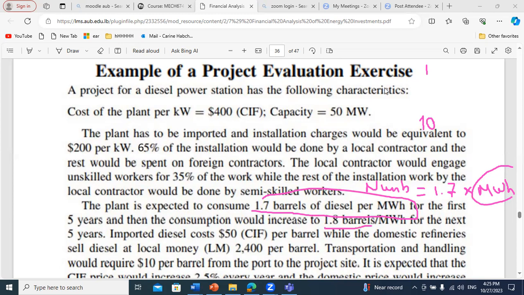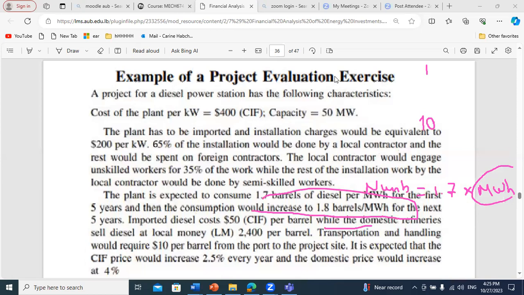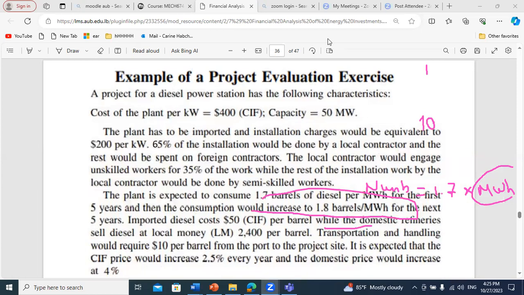Since we know the capacity, we need to know just the number of operational hours. So we should multiply the capacity of our project by the number of operation hours, which is given here. If we go downward, we can find it here.